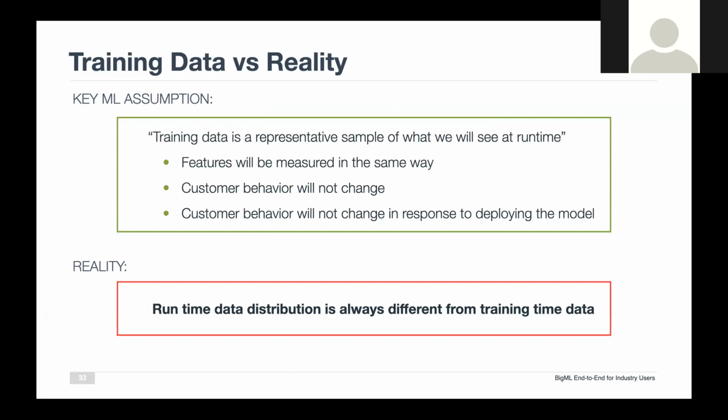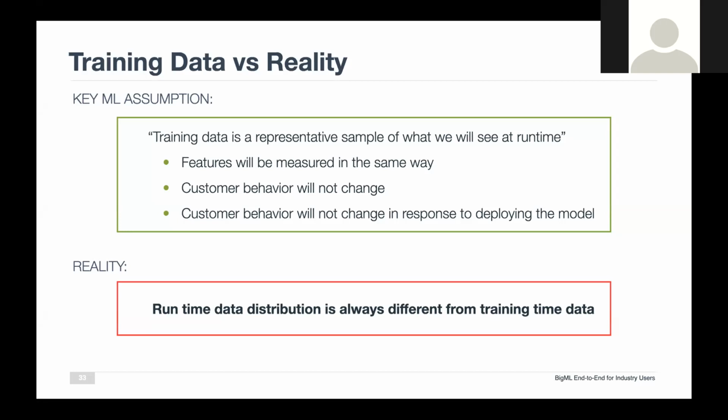Another important topic is about measuring the impact in production, and there's a key machine learning assumption that forces us to measure reality, which is that we assume training data is as representative as runtime data, which is probably never the case.